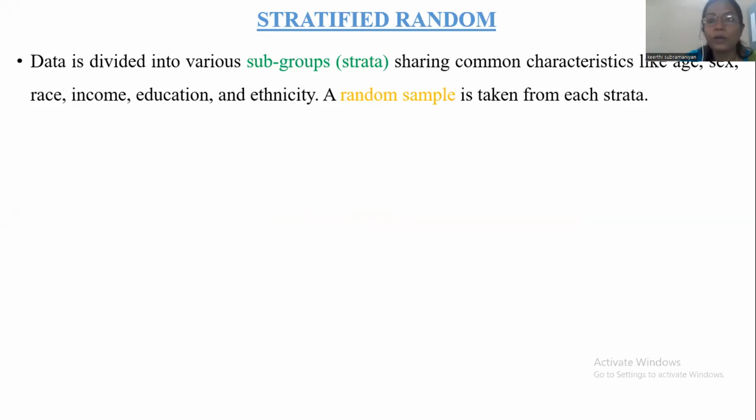If I want equal representation of the general population even in my sample, I'll keep 80% girls and 20% boys. Okay, this is stratified random sampling. Once you divide and assign a proportion, you then have to do random selection. That is very, very important.